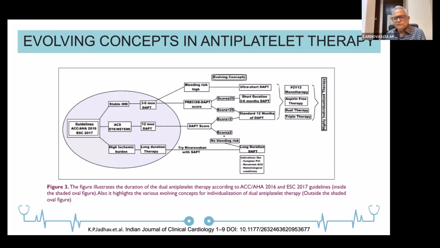If it is less than 25, you can use it for 12 months. Same for ACS, depending on the DAPT score. But in patients with high ischemic burden, we can try rivaroxaban with a single antiplatelet agent. It seems to be a more sensible approach and should be considered because it reduces PAD, stroke, and coronary artery disease.